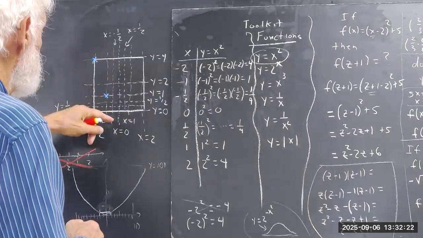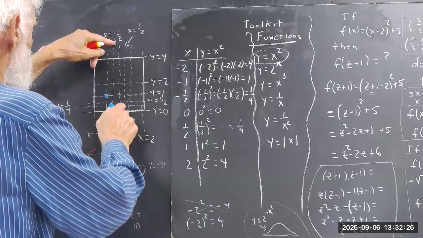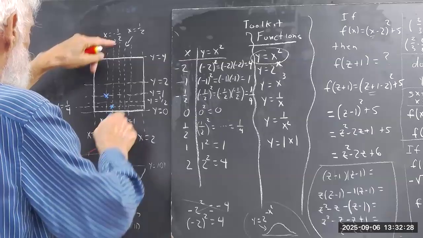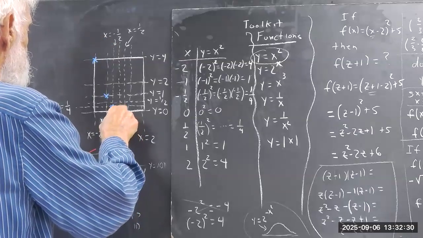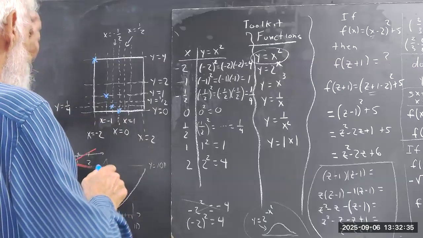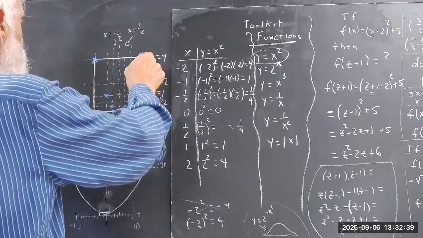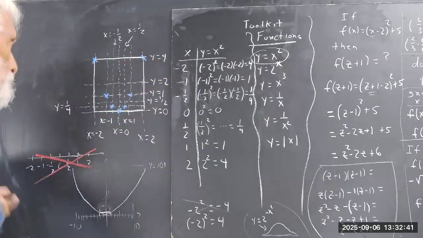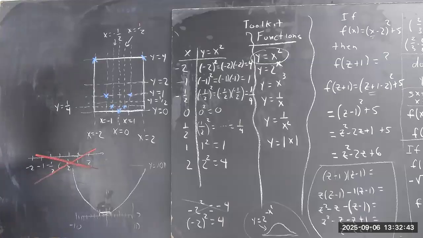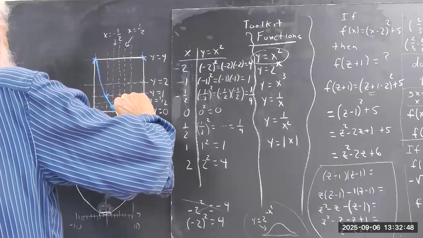Well, here's x equals -1/2, and here's y equals 1/4. So that gives us a point all the way down here. 0, 0 is pretty easy. That's on the y equals 0 and the x equals 0 line. And then we get 1/2, 1/4, 1, 1, and 2, 4, graphed by a similar method. And if you do that, you get a graph that looks like this.